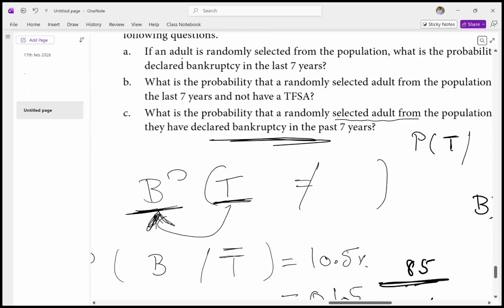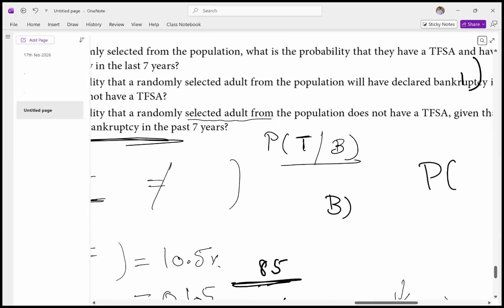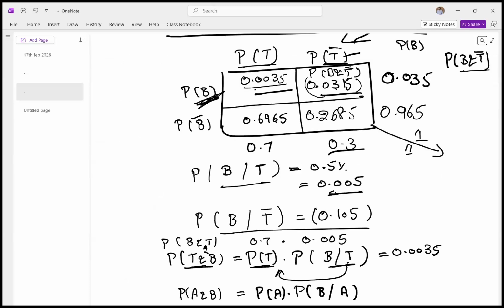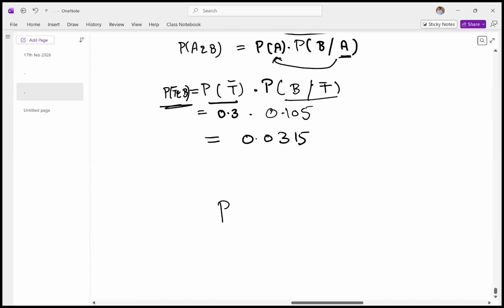Given that bankruptcy has been declared, does not have a TFSA. So what shall I do? P(T bar/B), where the bar means the population does not have a TFSA.